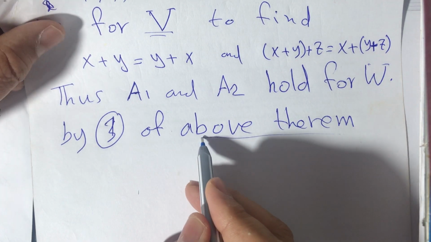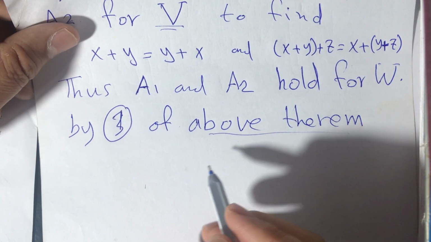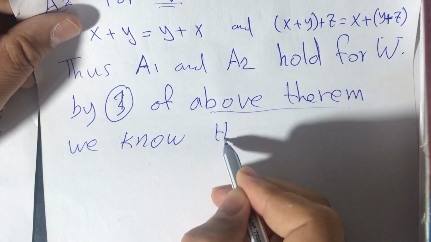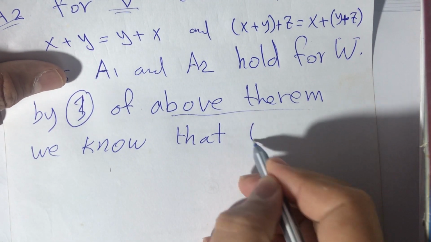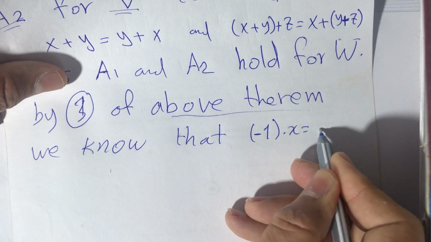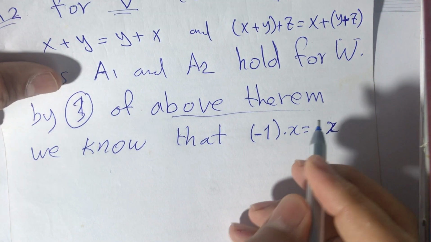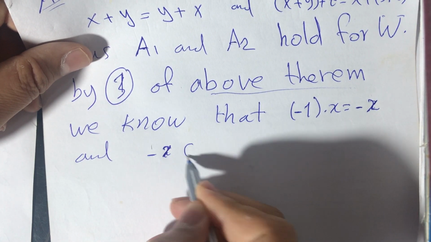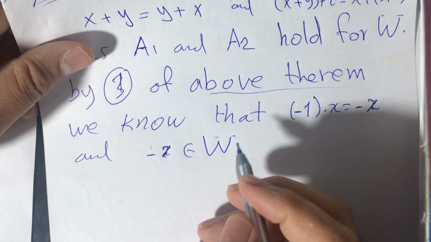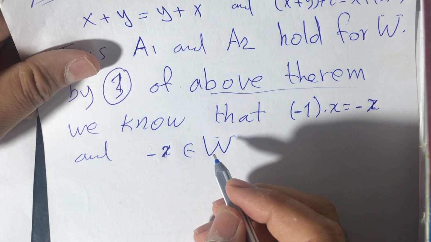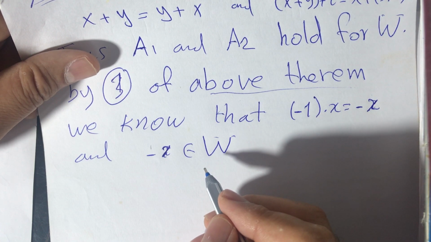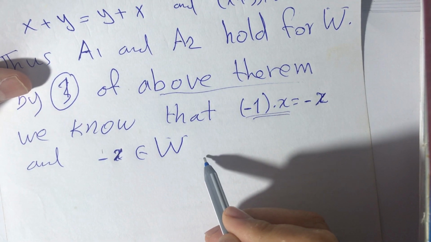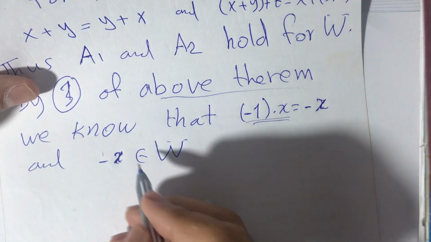We know that minus 1 dot x is equal to minus x, and minus x belongs to W. Why will this belong to W? Minus x belongs to W.